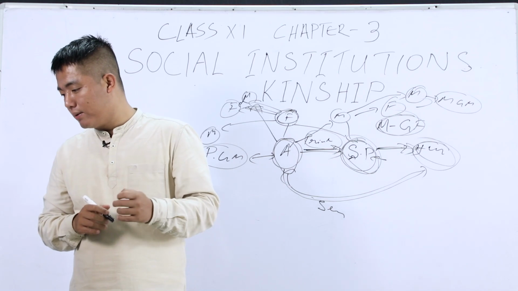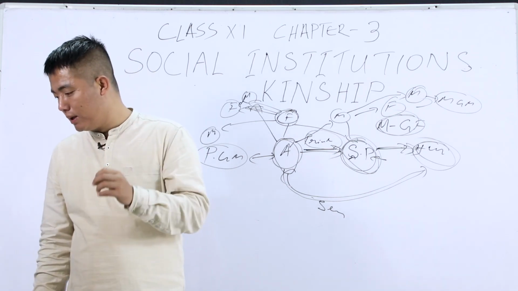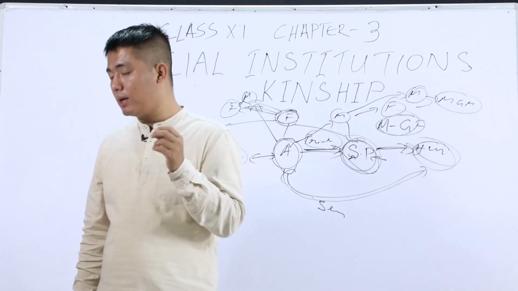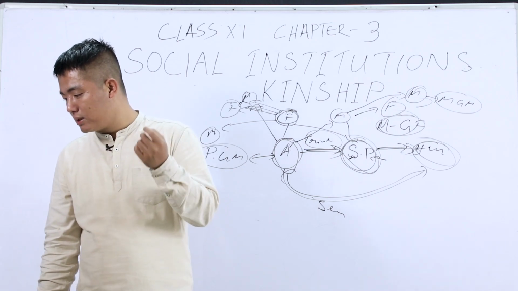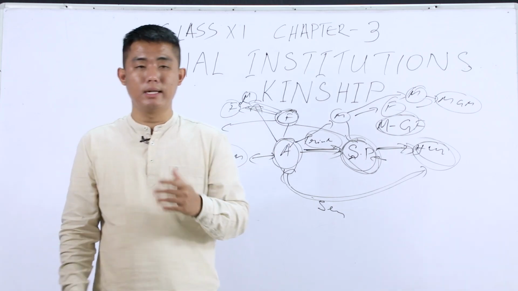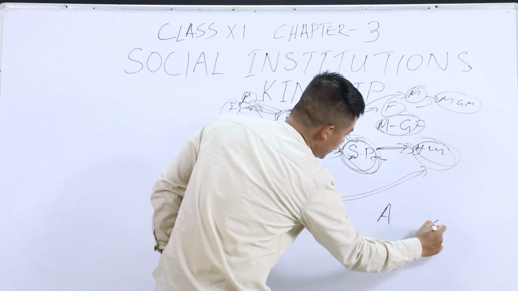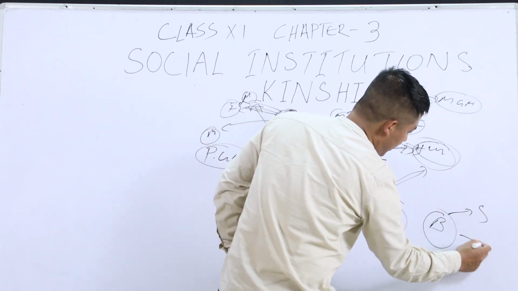Now, we can find 33 types of secondary kin. We can see 33 kinds of secondary kin here. For example, even wives or husbands, brothers. For example, Mr. A is married to Miss B. Now, Miss B has a sister and a brother.